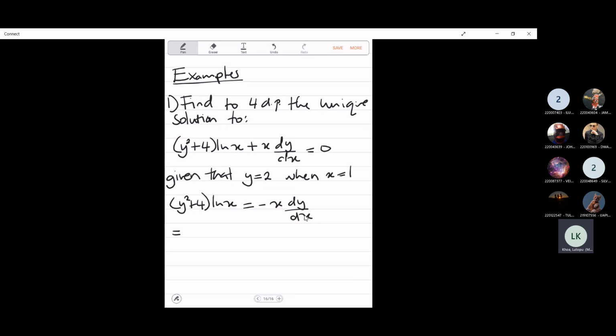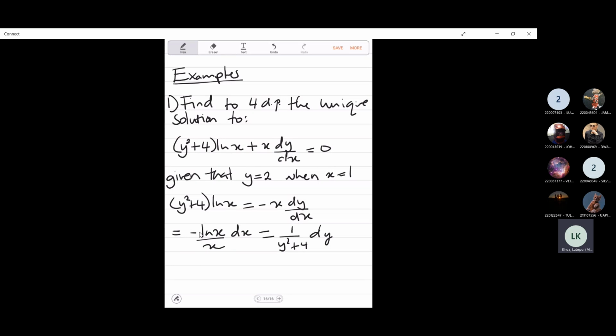It doesn't matter where the minus is really. So this is minus ln of x over x dx, and then divide by y squared plus 4. So this is 1 over y squared plus 4 dy.